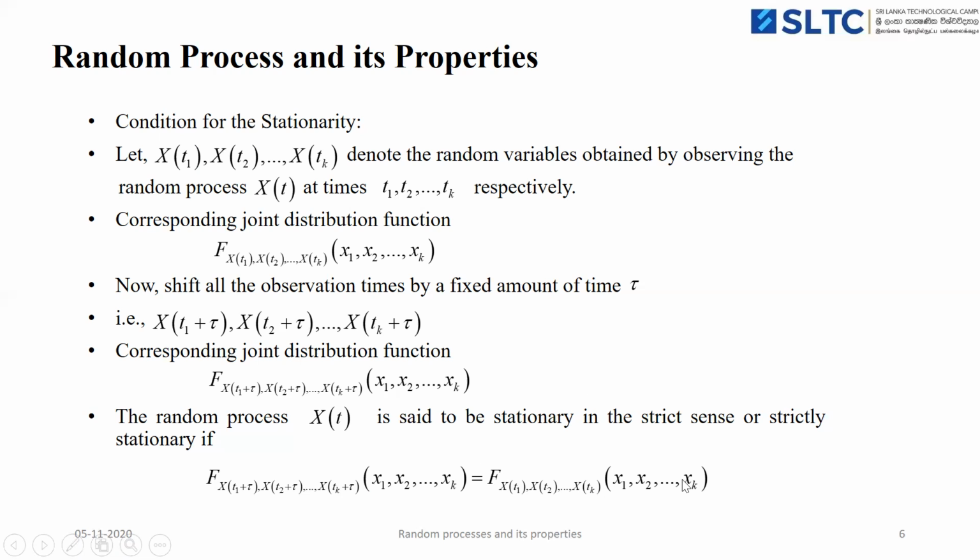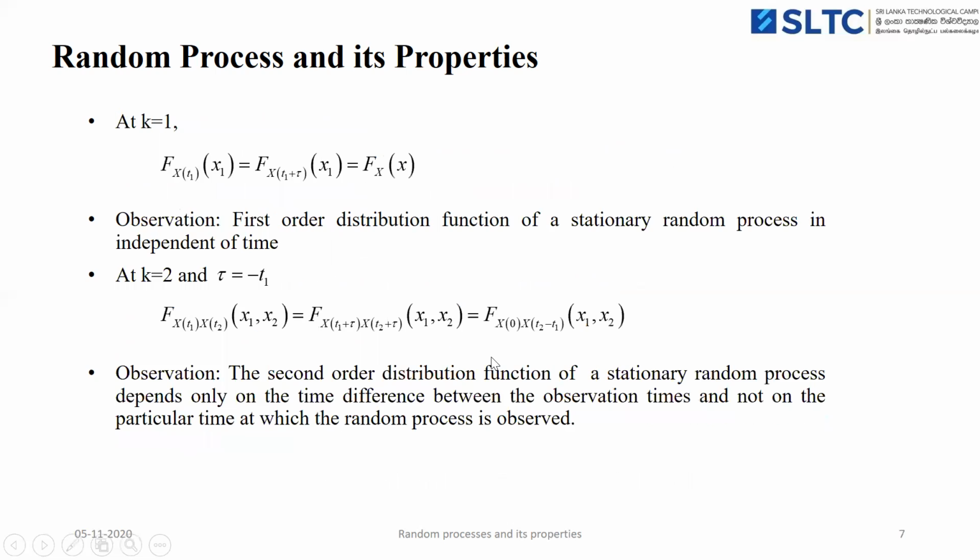If both are equal, then we can come to the conclusion that the given random process is a stationary random process. So here we are checking by using the joint distribution function of the random process.